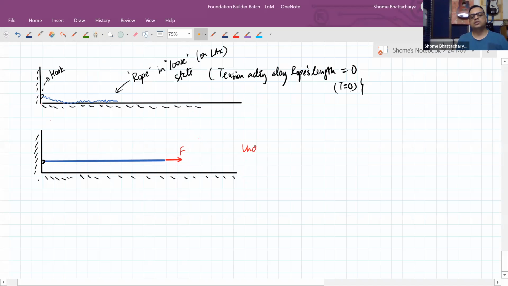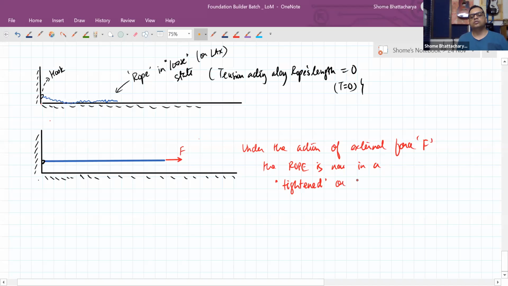So now you can see, under the action of external force F, okay, the rope is now in a tightened state, or very commonly used word for this is taut state, T-A-U-T.